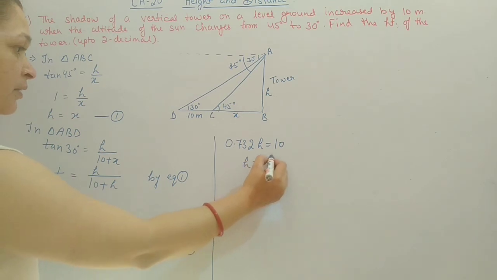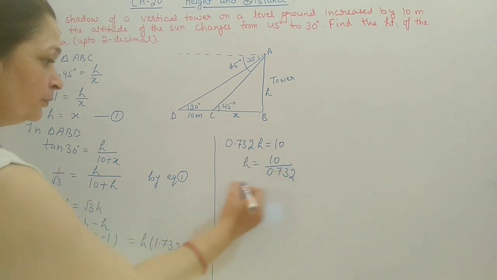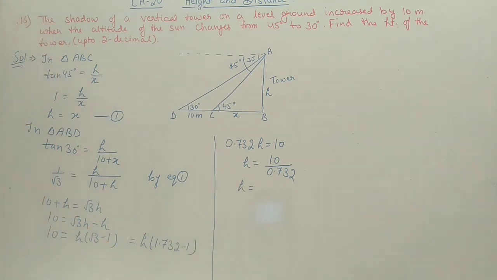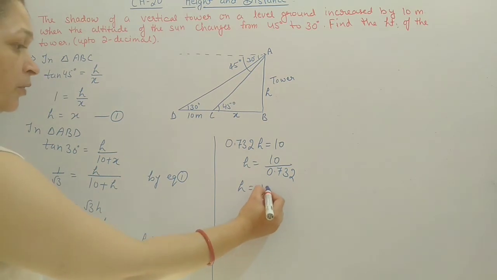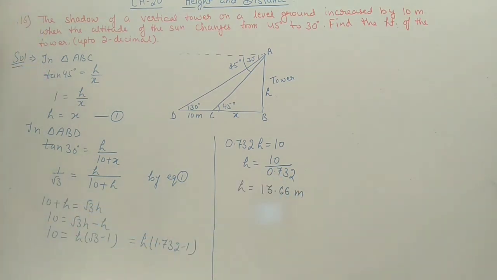So h is equal to 10 by 0.732. Divide it. Calculate your answer up to 2 decimal places. After calculation, you will get 13.66 meter. For 2 decimal places, you have to calculate up to 3 decimal places. After that, you have to round it off to 2 decimals.